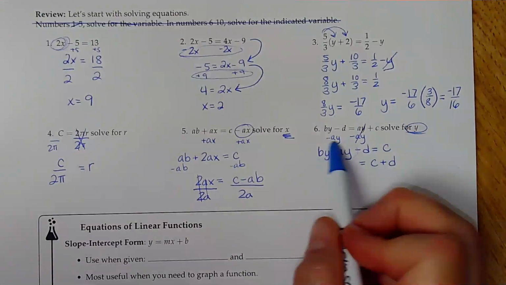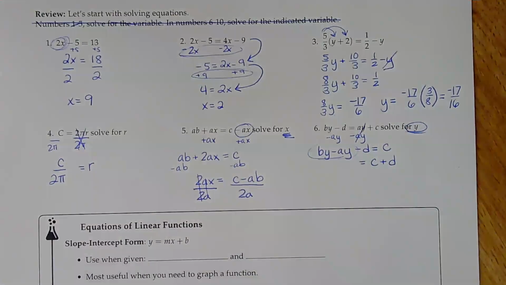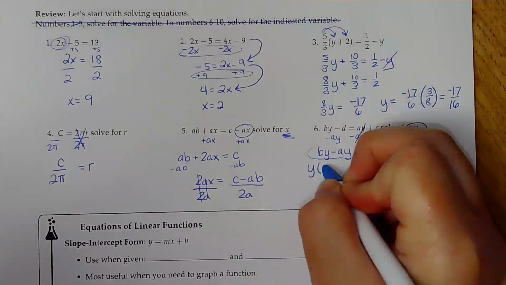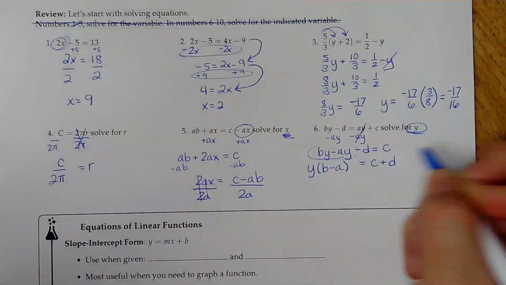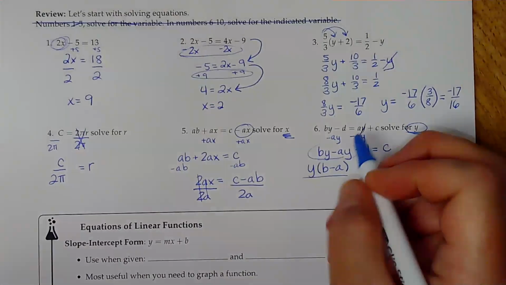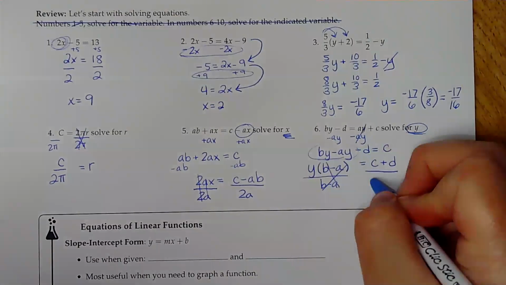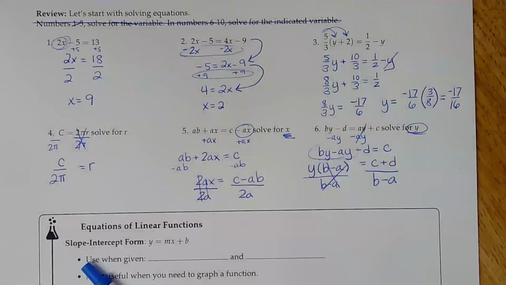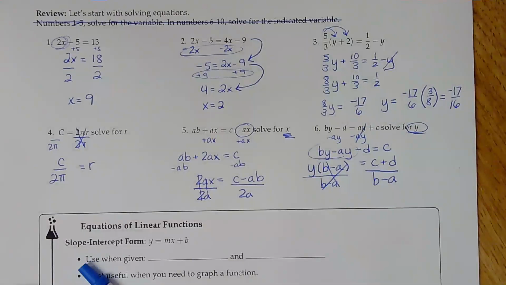Now let me see, with this by minus this ay, I want to factor a y out of that. So I get y times b minus a is equal to c plus d. Then I can divide this b minus a over, so that goes away. And I'm left with y is equal to c plus d over b minus a. Right, so hopefully that was a good refresher for you.